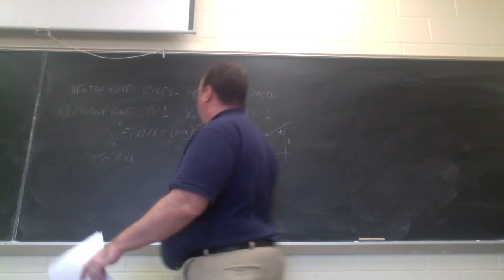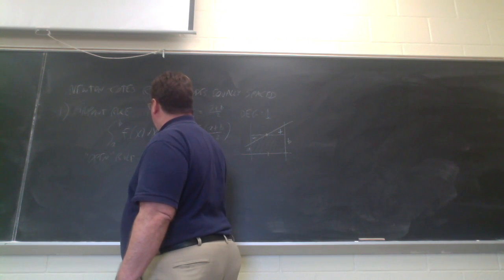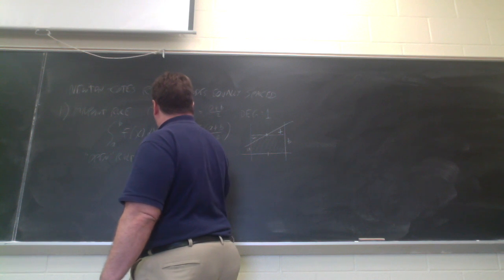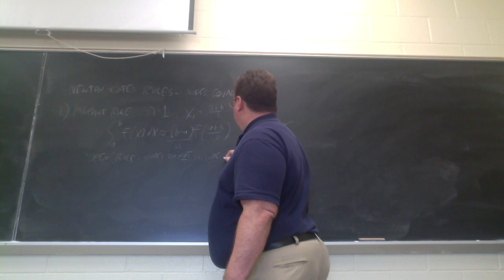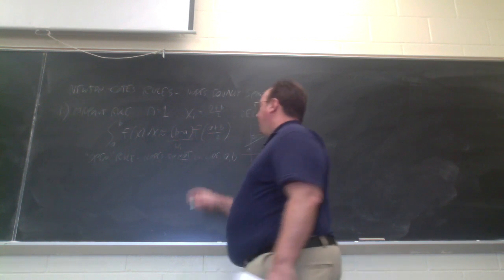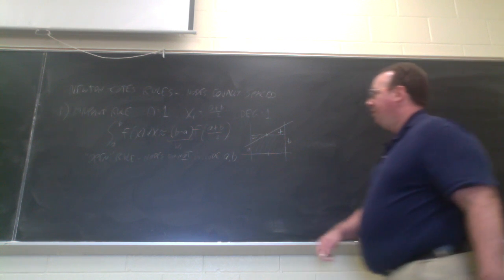All right. The quadrature rule is open if the nodes do not include the endpoints A and B. Because we only have one node, and it's neither of those. It's A plus B over 2.